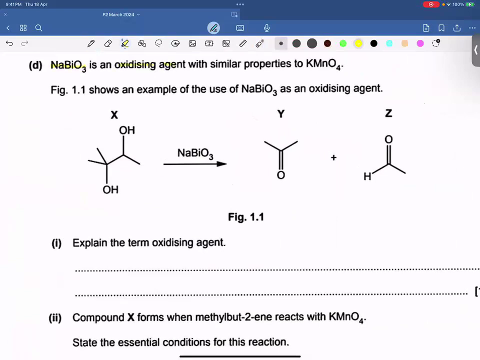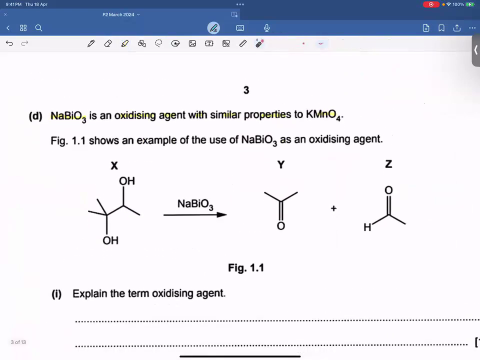NaBiO3 is an oxidizing agent, with similar properties to KMnO4. Both KMnO4 and this compound are oxidizing agents. Let's talk about oxidizing agents here.